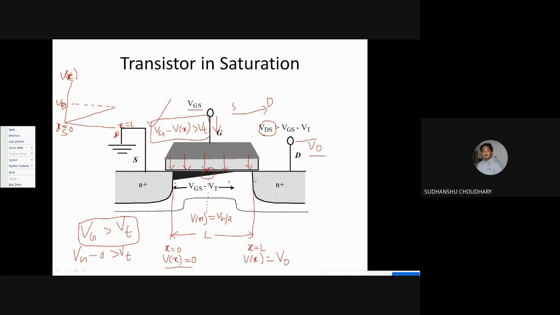And at the drain side, if you have applied VDS as VGS minus VT, that is at x equal to L, my Vx is VGS minus VT.